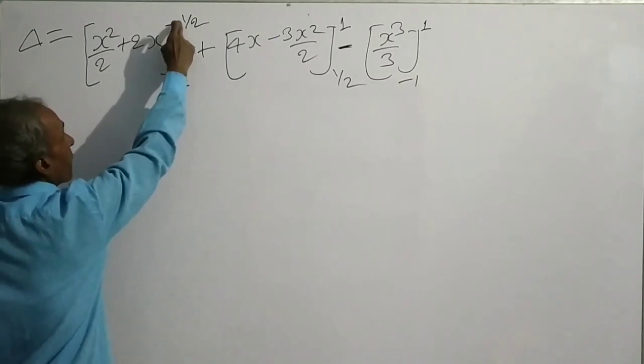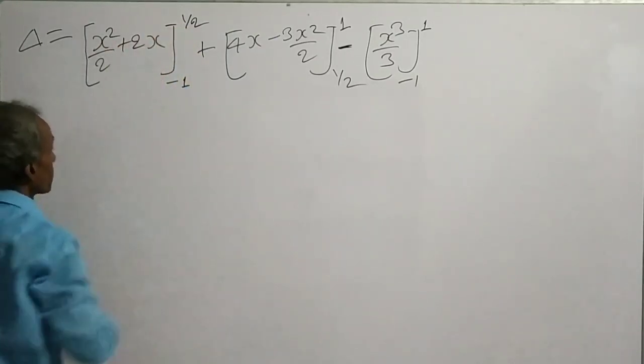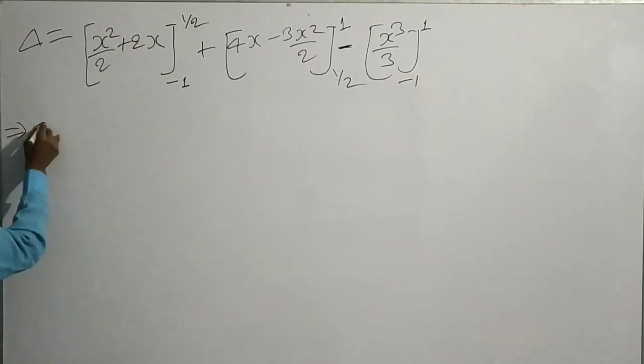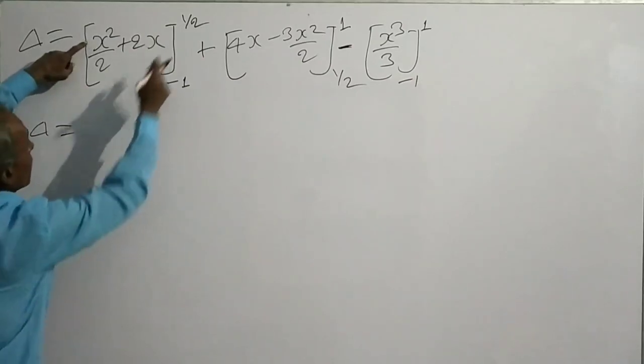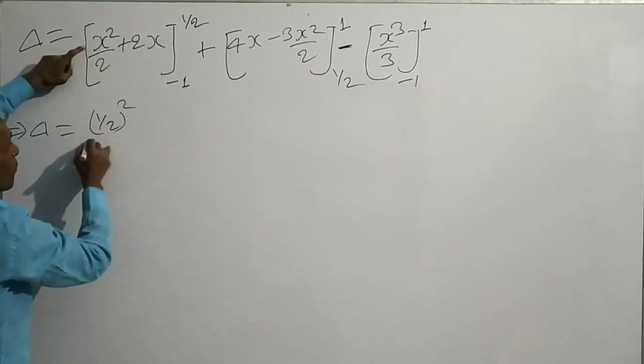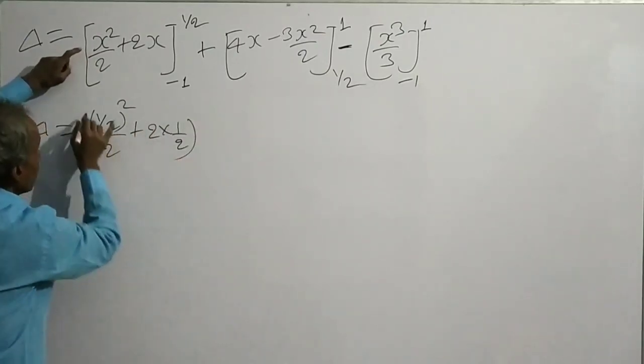what we do is that first we put the upper limit 1 by 2 in place of x. This implies delta is equal to 1 by 2 square by 2 plus 2 times 1 by 2.